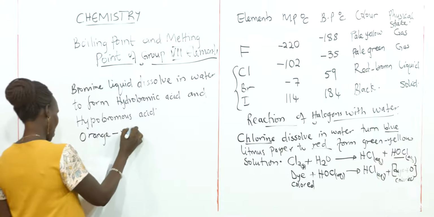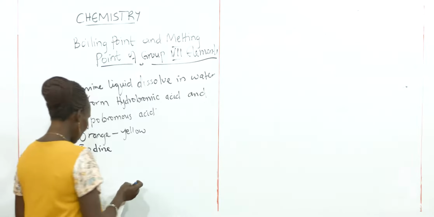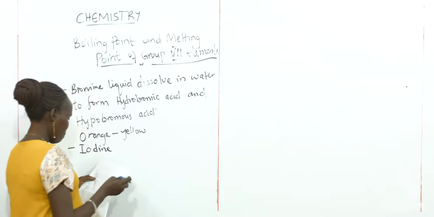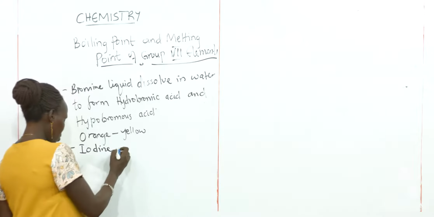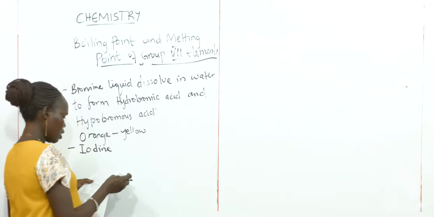So you can have also iodine. So iodine, when it reacted with water, it is insoluble in water, and the resulting mixture is a brown color, a brown solution.